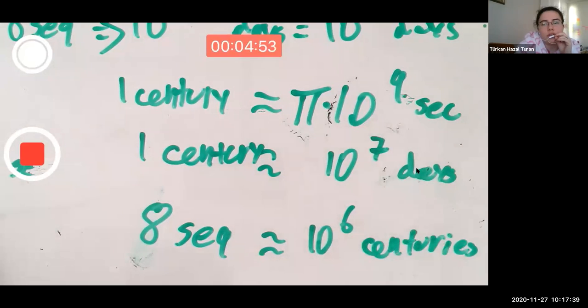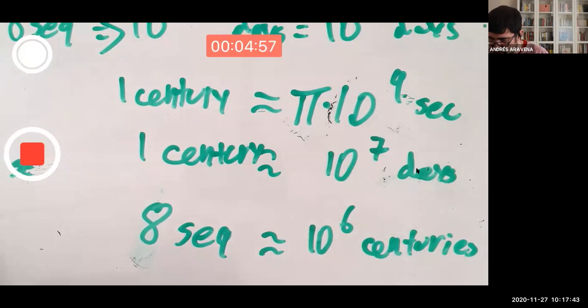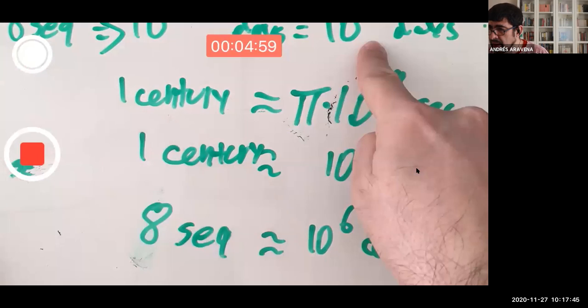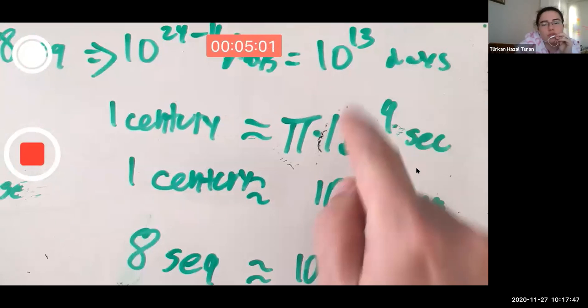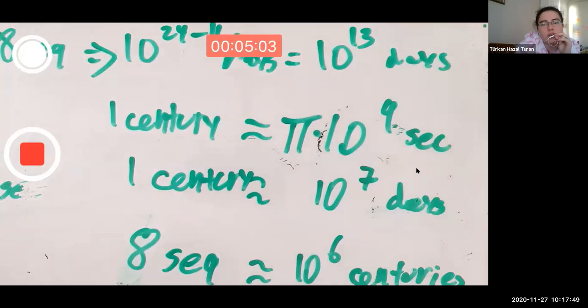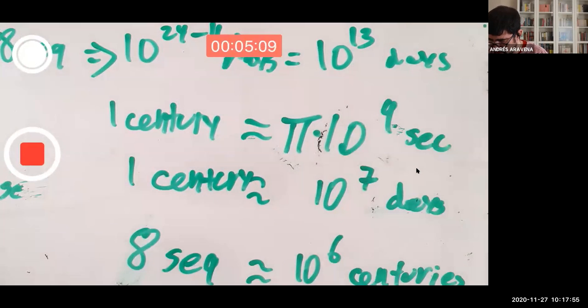Oh, no, it will be like 2 centuries. Where am I wrong? Approximately, 1 century is equal to 10 to the 7 days, and we got 10 to the 13 days. Okay, yeah. So it will be like close to 10 centuries. No, because you essentially. Okay.